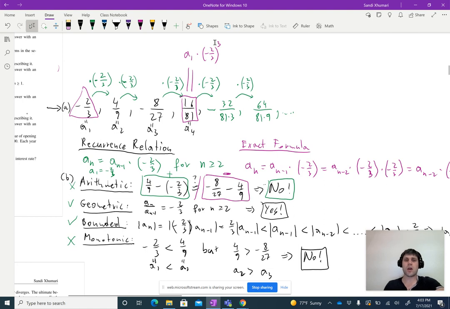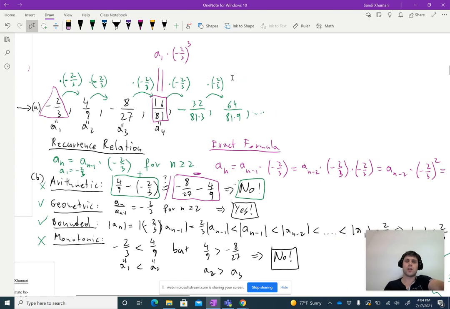In general, the pattern is that you're starting with a sub 1 and you're multiplying by the common ratio to the exponent here, 1 less than the index. So to get to this term, we're going to step 3 times, multiply 3 times by negative 2/3. So in general, the exact formula is a sub n should be a sub 1 times the ratio to the n minus 1.